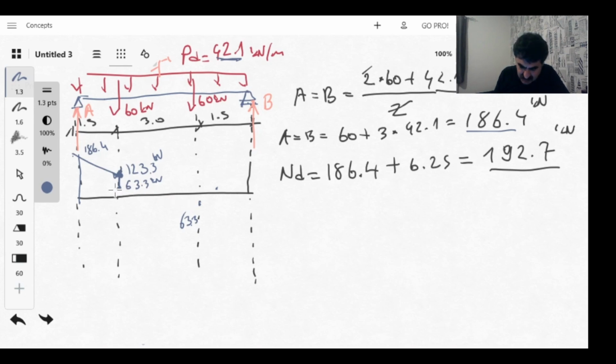It should be symmetric, something like this, and then here suddenly increase 60 kilonewton, and this will be 123.3, and then here I will have a linear increase, and then I will get the same value 164.4, and then I can close the diagram with the force in support B, which is 186.4.